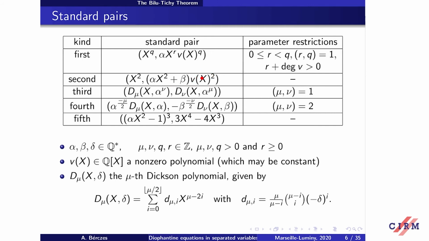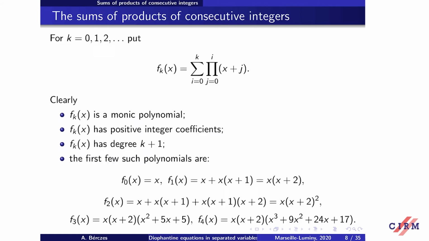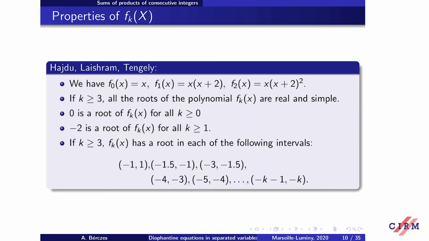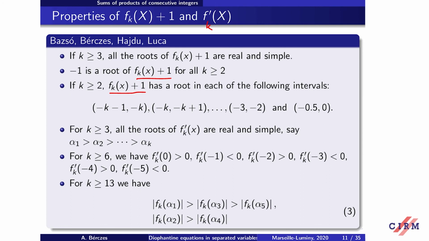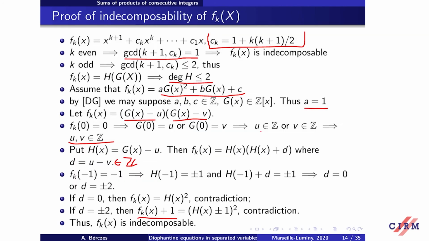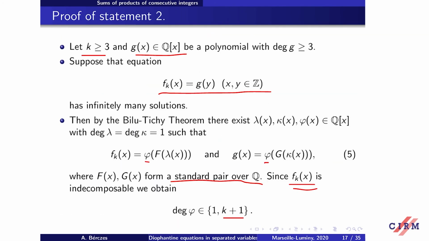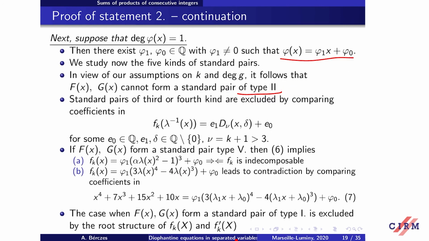So in that case, again, we see that it has multiple roots. But F_k(x) cannot have multiple roots. So this way we can exclude pairs of polynomials of type 2, standard pairs of type 2.